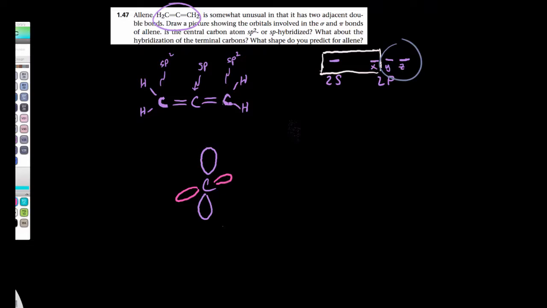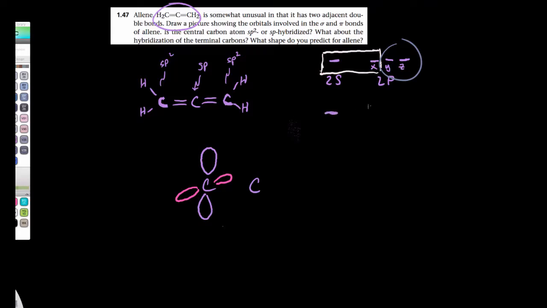Now, if we look at the next carbon on the right, this one here, it has a p orbital, and let's just look at that.